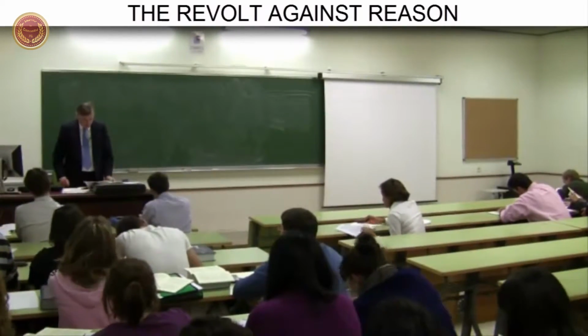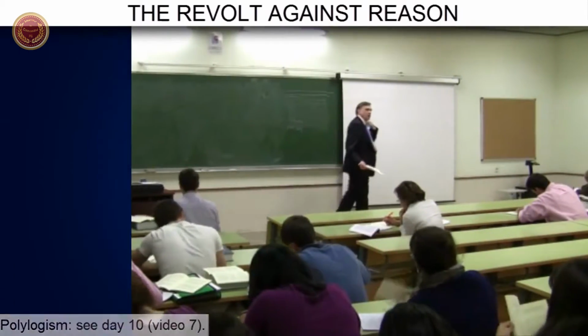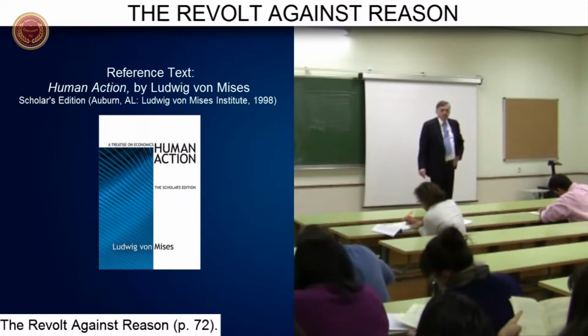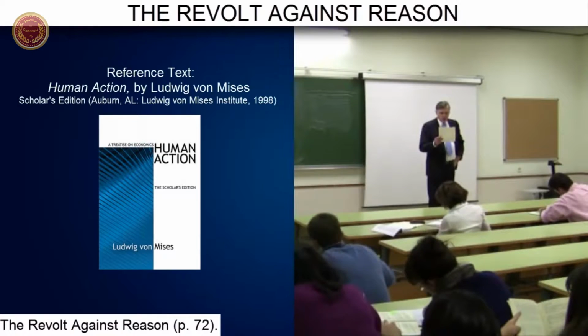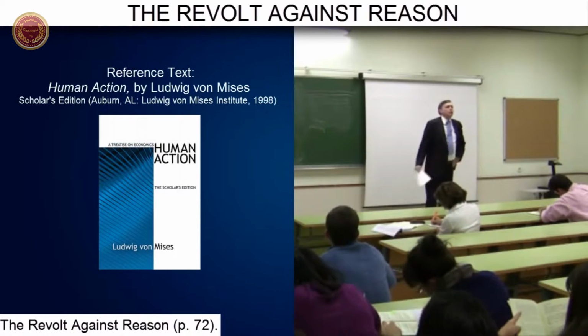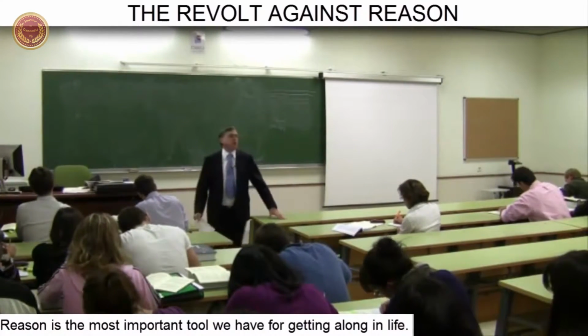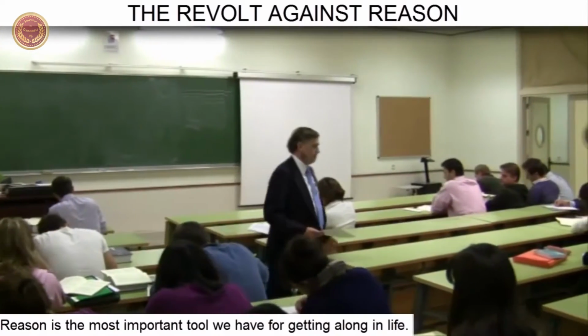Now I'd like to make a few comments about method and polylogism. However, before I begin, we need to talk a little about rationalism from the perspective of Mises. That ugly word rationalism derives etymologically from the term reason. In fact, human reason is the most important tool we have for getting along in life. Does anyone doubt that?